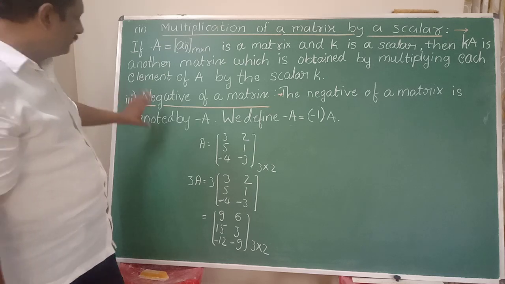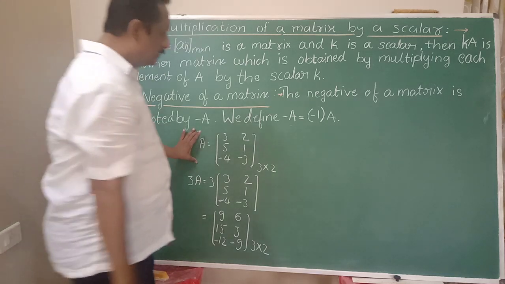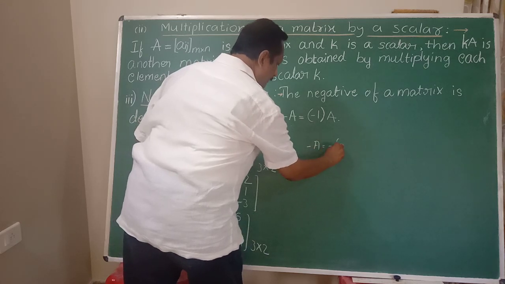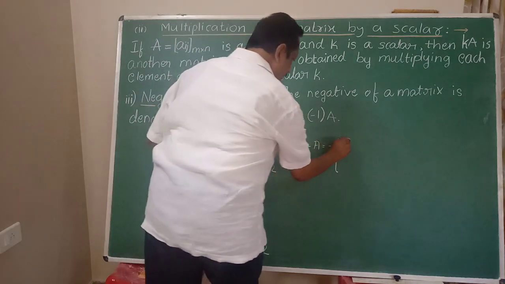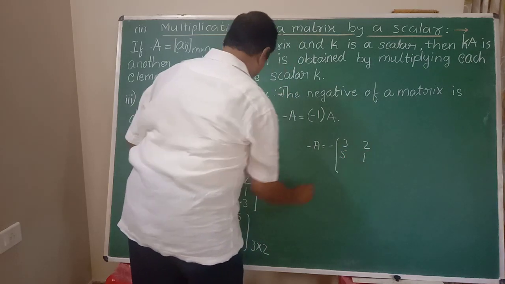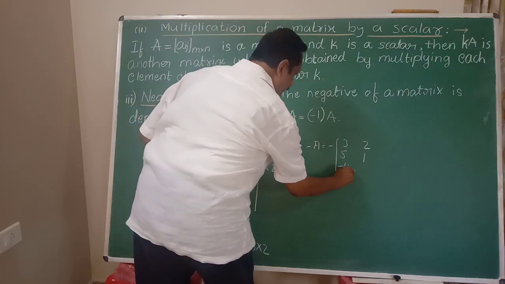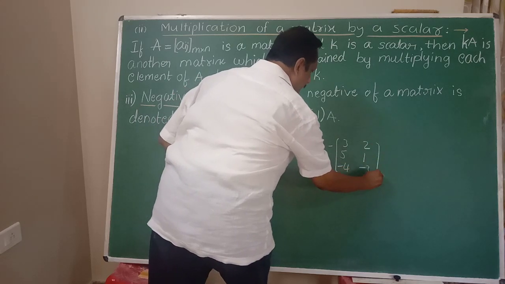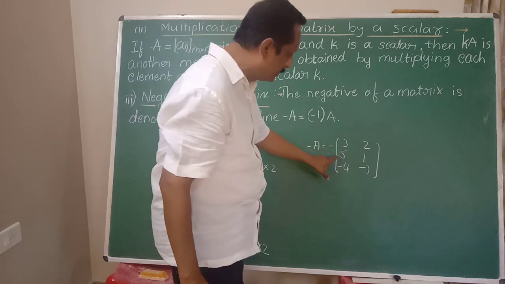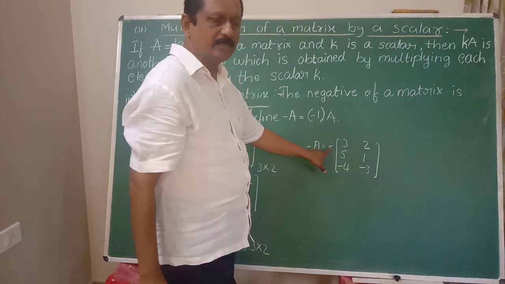Now take the same matrix and find minus A. Minus A means minus of this matrix: 3, 2, 5, 1, minus 4, minus 3. Take this minus inside, and multiply each element by minus.